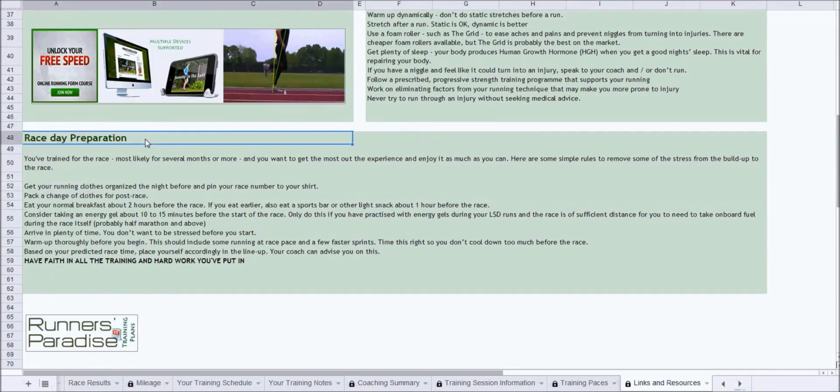And also some information related to race day preparation. So this is just some hints and tips to make the race day itself go as smoothly as possible. Again, if you've got any concerns or questions, then your coach will be able to help you.